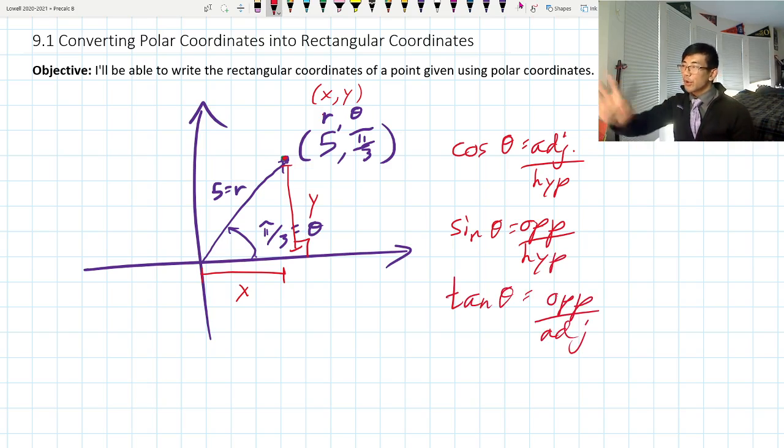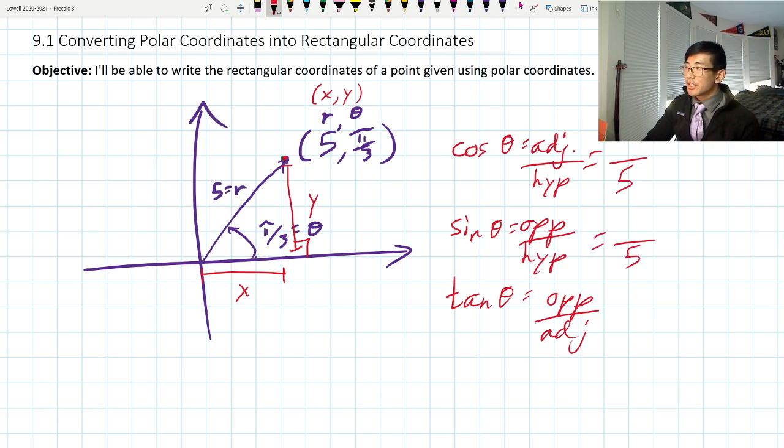Now, the way we wrote out this triangle, our hypotenuse is length r, or 5 in this case. So our hypotenuse is always going to be over 5. This is our angle theta down here at the origin, starting from the positive x-axis up to that ray.